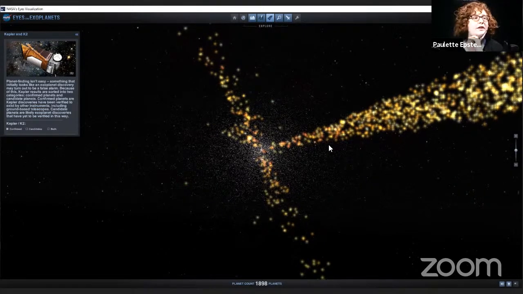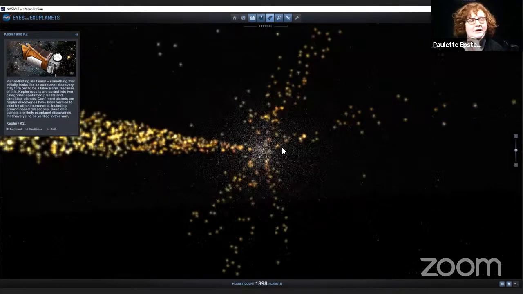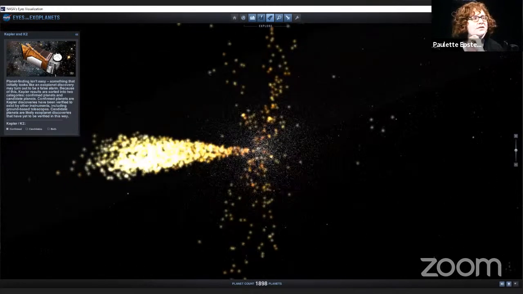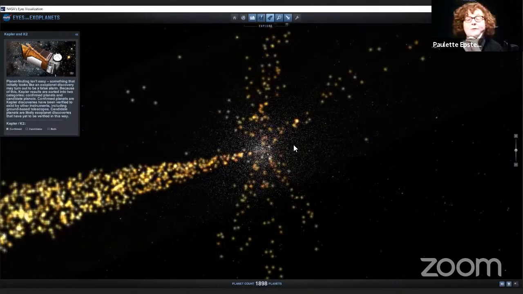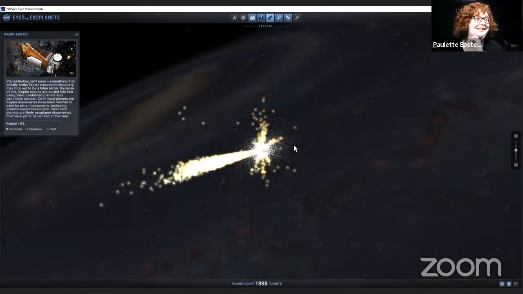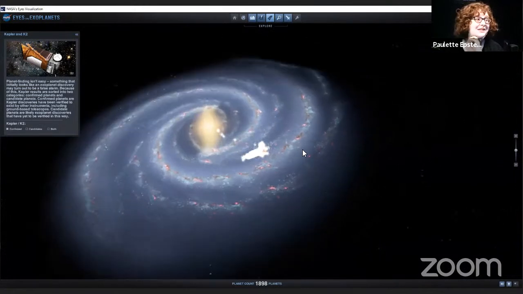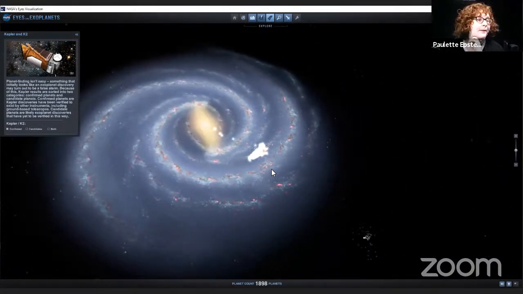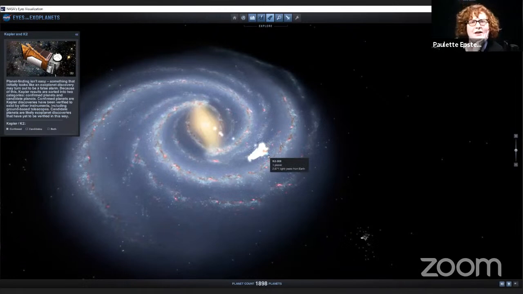But how do you think this compares to the rest of our galaxy? What do we think? How does this compare to the rest of our galaxy? Well, if we zoom out, we're actually going to be able to see that the exoplanets that we see with the telescopes that we have on the Earth and surrounding the Earth, even out in space, are looking at a very, very small area of our Milky Way galaxy.